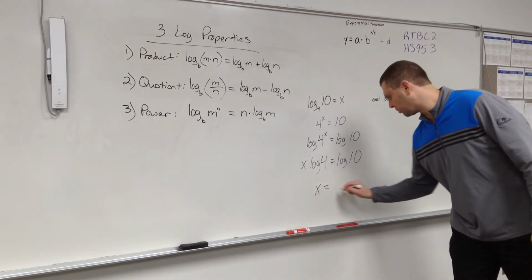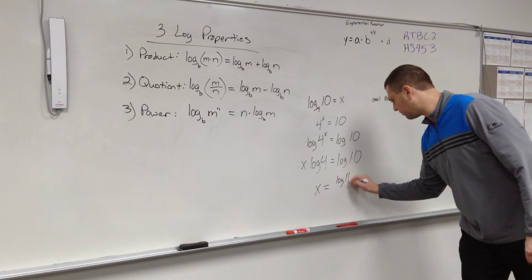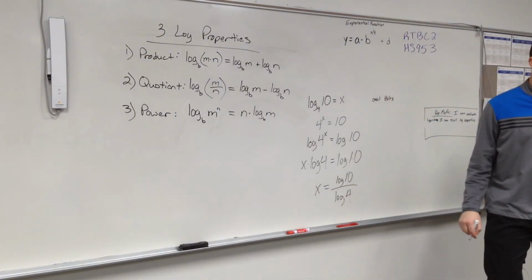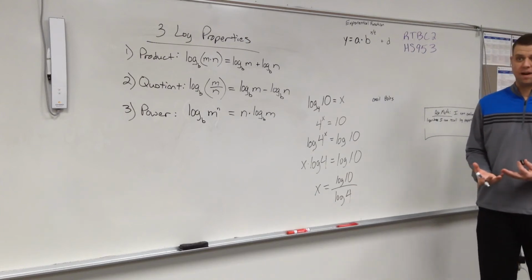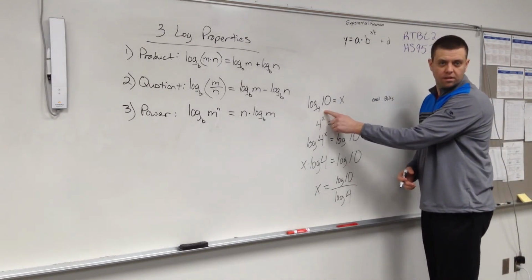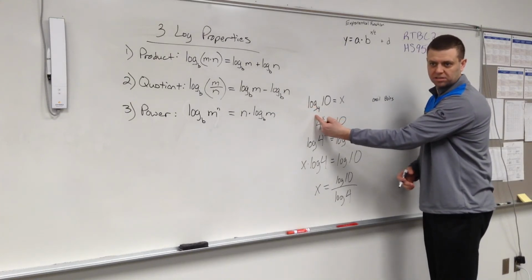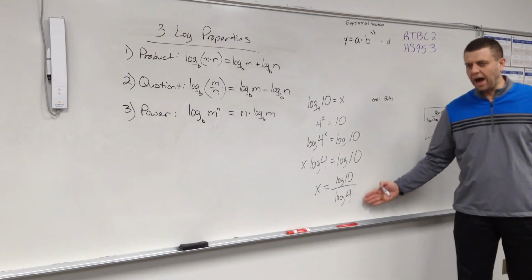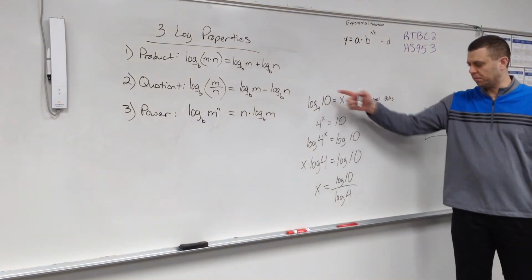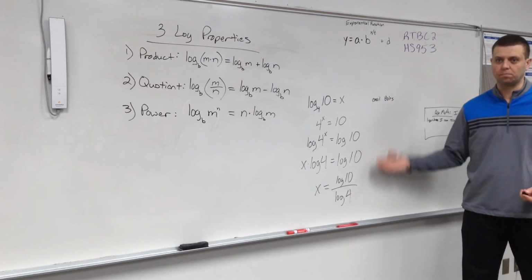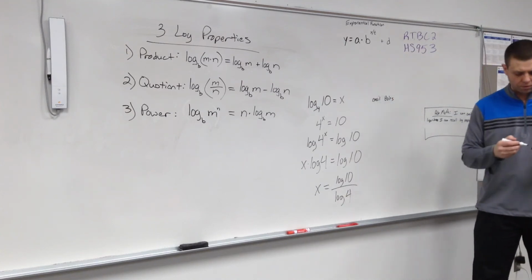So x ends up equaling log of 10 divided by log of 4, which is what I told you. Some of you might have had to do that on your calculator because you were not able to type that subscript 4 in there. So here's why taking the log of the big number divided by the log of the base works. I should basically prove to you algebraically how that works.